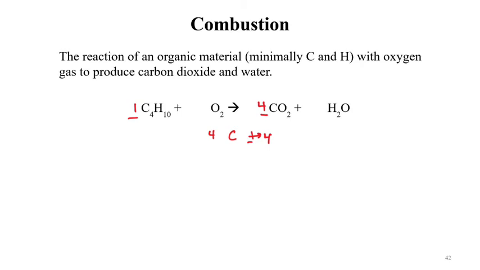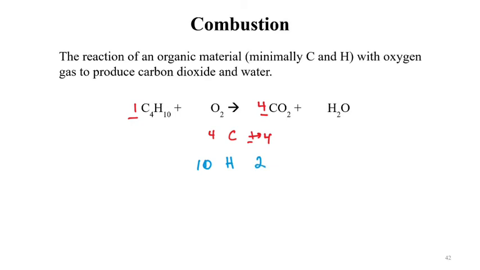Yeah? Cool, then what do we balance? Hydrogen. How many hydrogens on the left? 10. But we multiplied by 1. Still 10. Okay, just checking. How many hydrogens do we have on the right? 2.